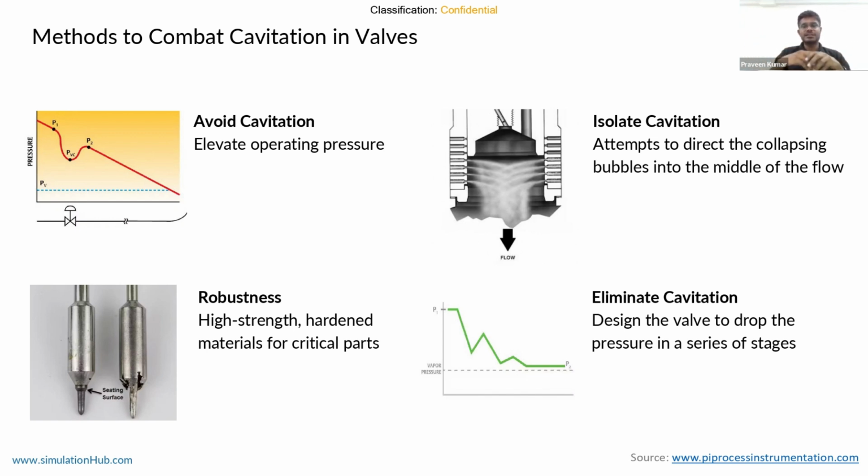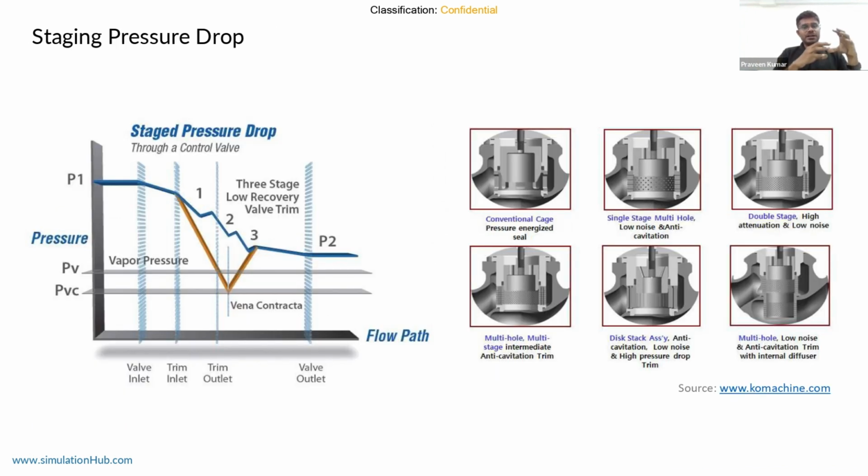So this is very interesting. You need to make the valve design such that there is no sudden change or sudden drop in the pressure. For example, the orange one in the graph is the sudden pressure drop. If you see the blue and the orange, both have the same inlet pressure and outlet pressure, but with the orange one, a regular or not so well designed valve, cavitation happens due to a sudden drop in pressure at the vena contracta.